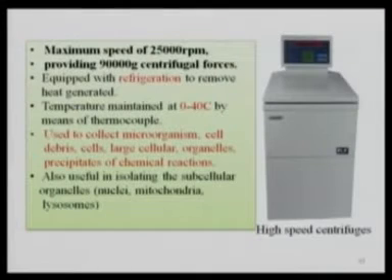The next variant is what is called the high speed centrifuge. Here you can see the difference between the previous one and this one is that this is having a 25000 rpm, and the best part of this centrifuge is that it has a temperature control. That means you can use low temperatures ranging from 0 to 40 degrees centigrade, and this equipment is mainly used to collect microorganisms, cells and large cellular organelles, precipitates and chemical reactions.